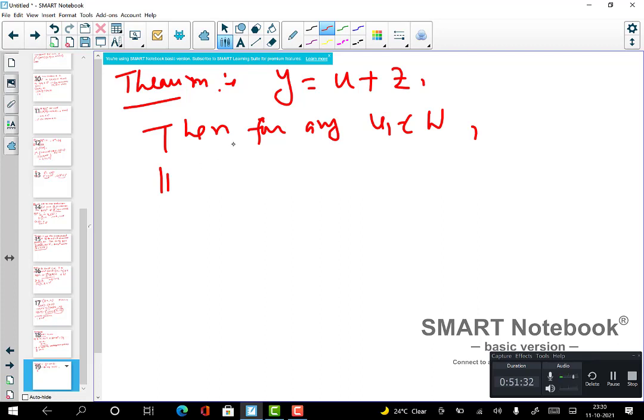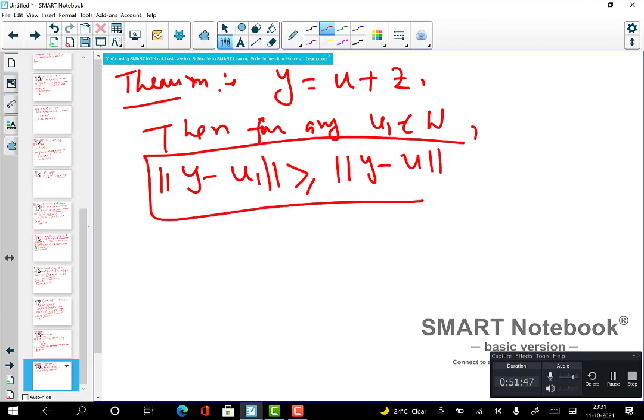Remember we defined the distance, the metric between x and y, by the norm of x minus y. So the norm of y minus u1 is at least the norm of y minus u. This is the meaning of closest. The distance from y to u is less than the distance from y to u1 for any u1.